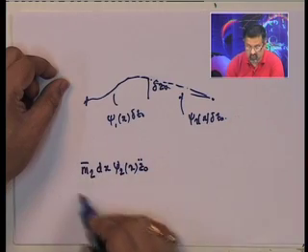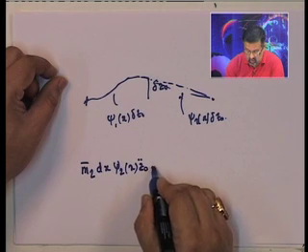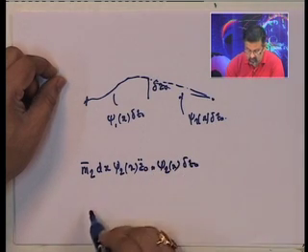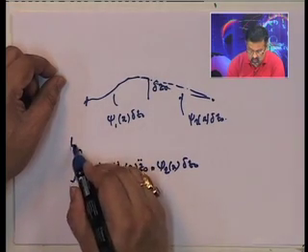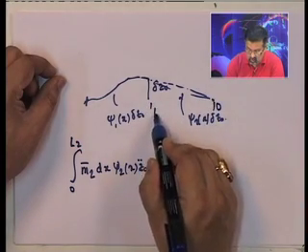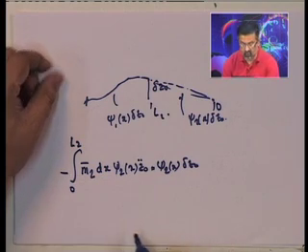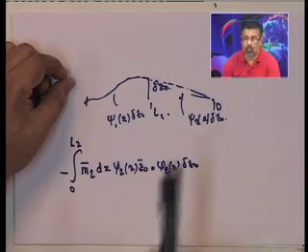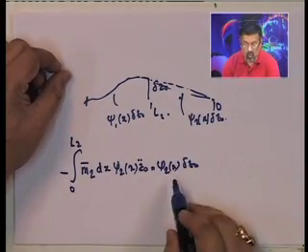This is the force multiplied by the displacement, which is equal to xi2 x del z, and this integrated from 0 to L2. That gives me the work done, and that's of course negative work done because it always opposes the movement.